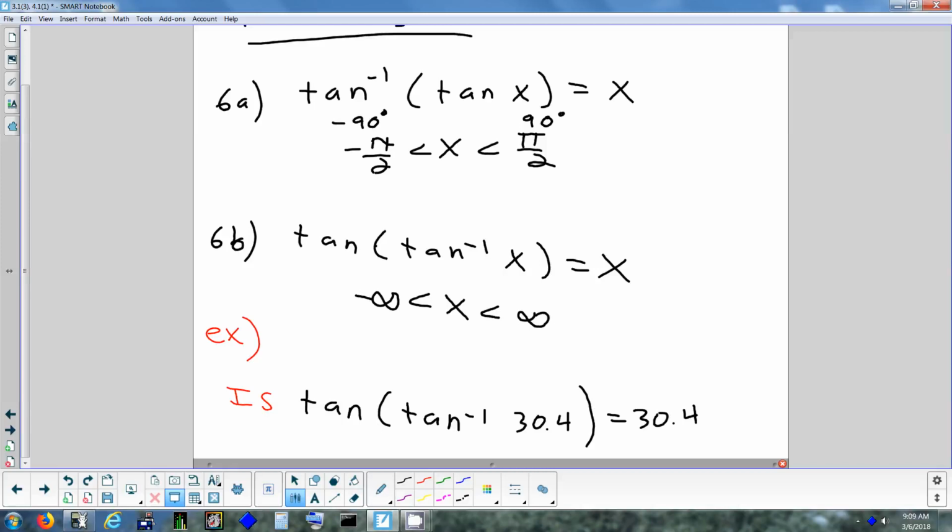Actually, would it be 6b because it's not a degree? I agree that it would be 6b, but not because it's in radians. Why is this 6b? It doesn't have to do with whether you plug something in that's in degrees and radians. Yep. Is the inverse tangent on the inside? It has to do with where the inverse tangent is. Is it on the inside? Is it on the outside? It's on the inside. That's why it's 6b.